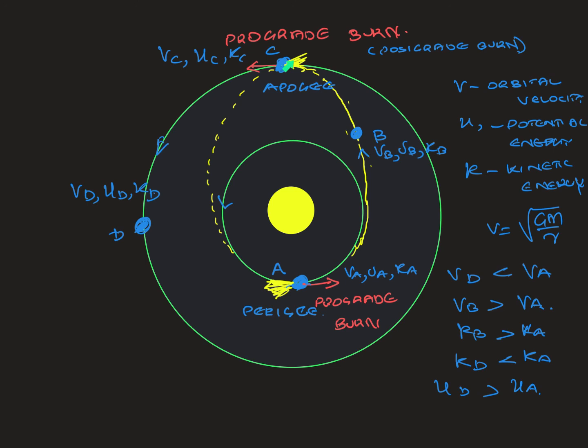So the total energy is increasing, but what is increasing is the potential energy, while the kinetic energy is being reduced. So that means the velocity at high orbit is less than the velocity at low orbit. So this is to move a satellite from low orbit to high orbit.